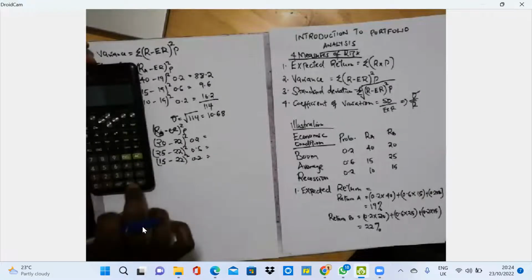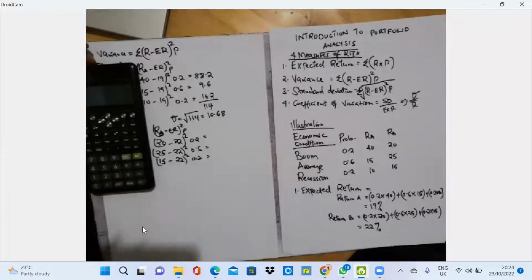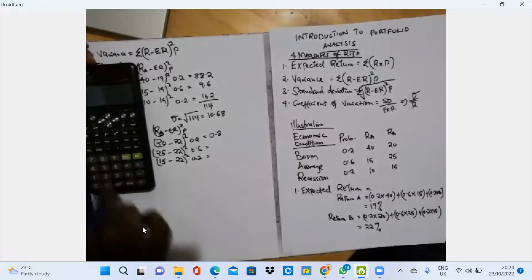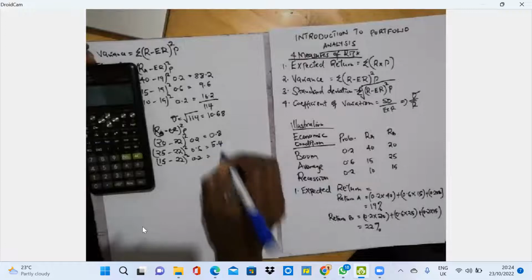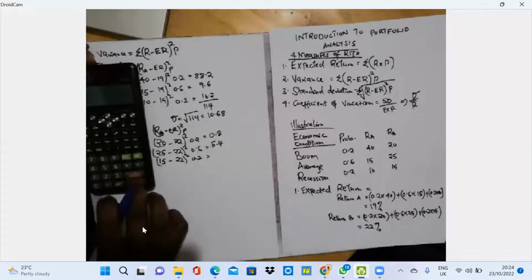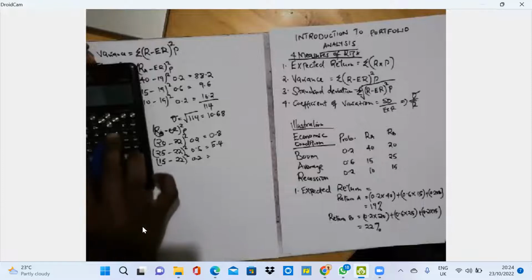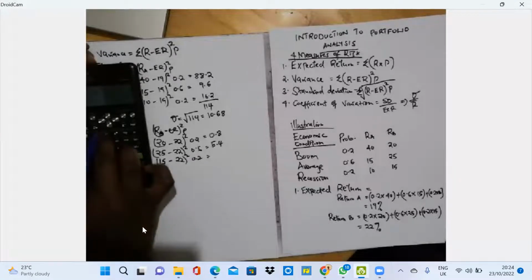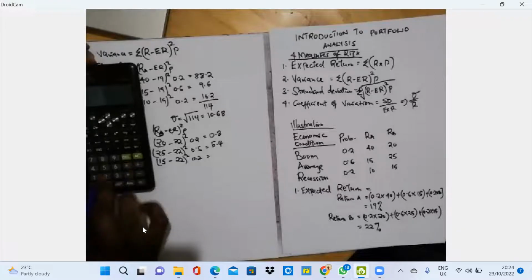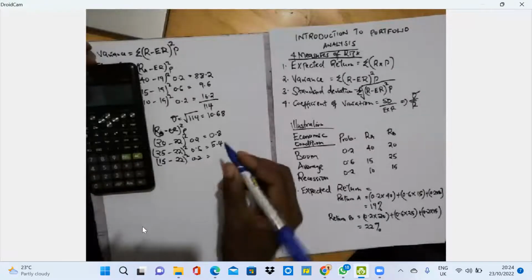20 minus 22, you square, multiply 0.2. This is 0.8. Then 25 minus 22 squared, multiply 0.6. That is 5.4. Then 15 minus 22 squared, multiply 0.2, I'm getting 9.8.